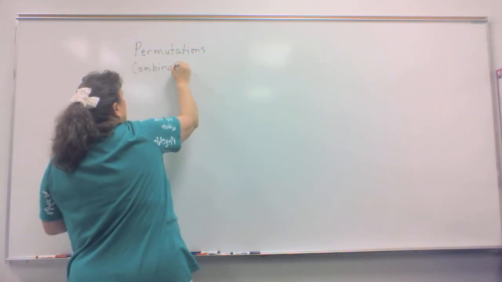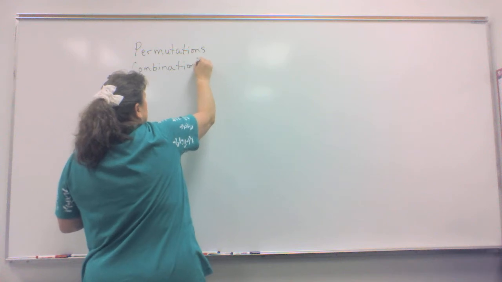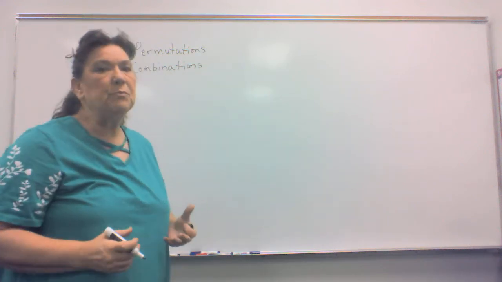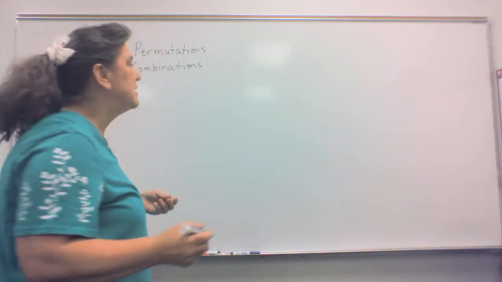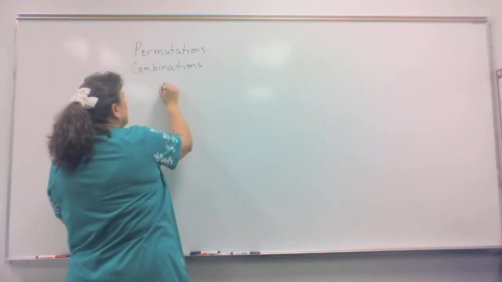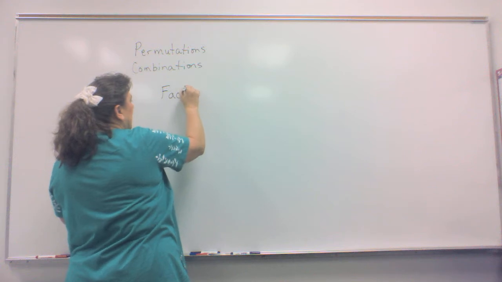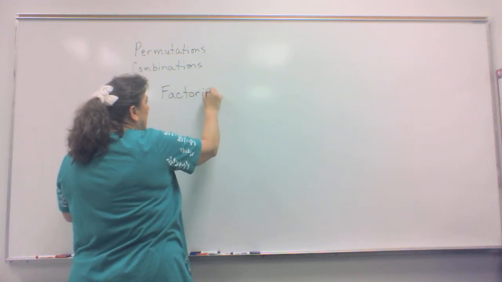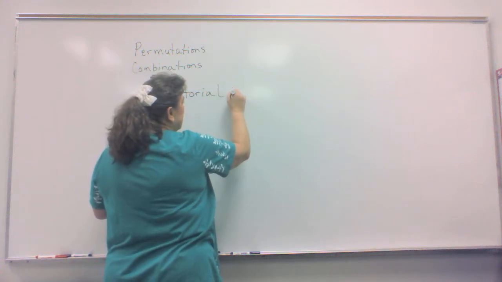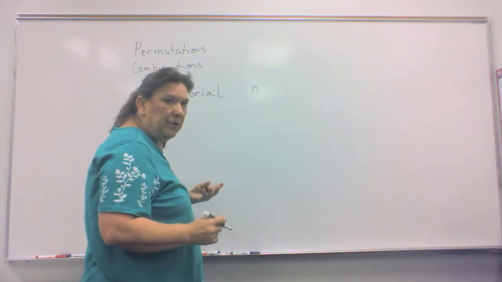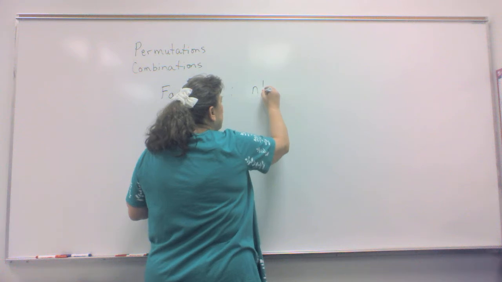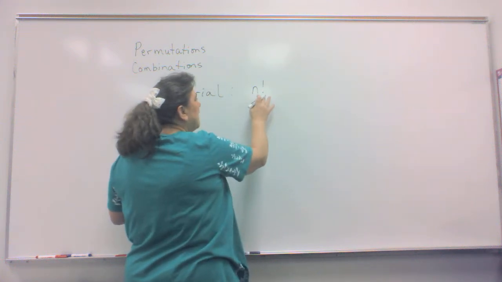But first of all, one of the skills we need to be able to do permutations and combinations is a skill that uses something called factorial. Factorial is designated by this symbol. N stands for the number, and then we put an exclamation point on it. So n factorial.